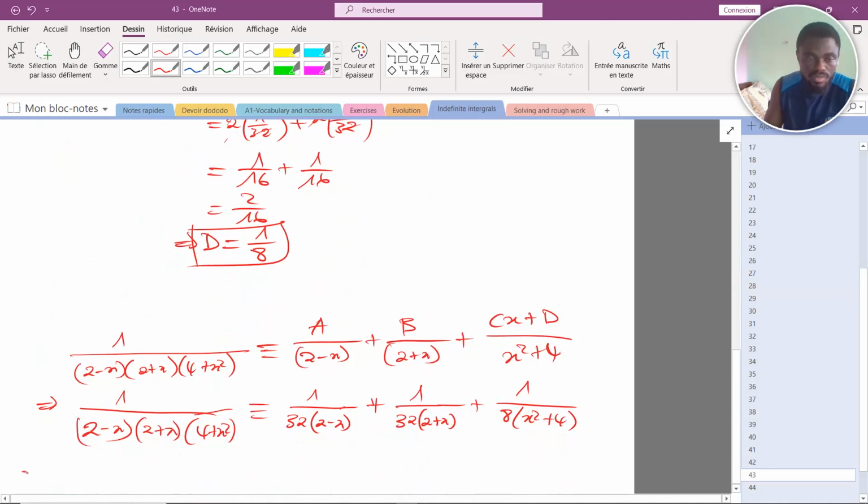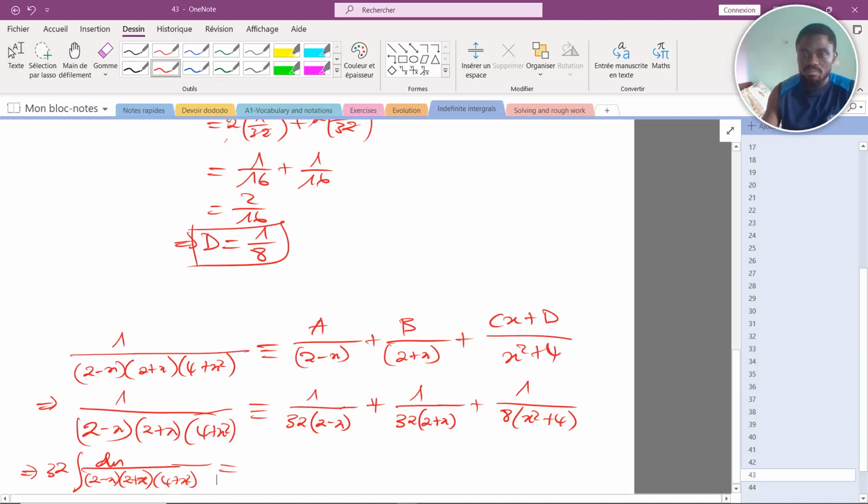So this implies 32 integral of dx all over 2 minus x into 2 plus x into 4 plus x squared will be equal to what? Note that this 32 will come in and multiply all of this. So I will simplify already. This 32 divided by this 32, the 32 will go.